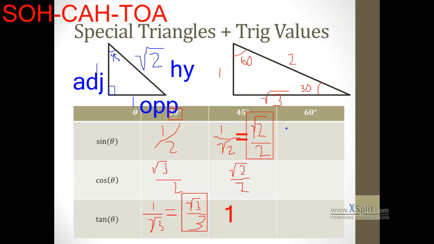So a couple values are going to flip here. I'll switch over to blue. Sine now is root 3 over 2, just like cosine was for the last one. Cosine of 60 degrees is adjacent over hypotenuse, 1 over 2. And then tangent is just going to be root 3 over 1, which I can just write as root 3.